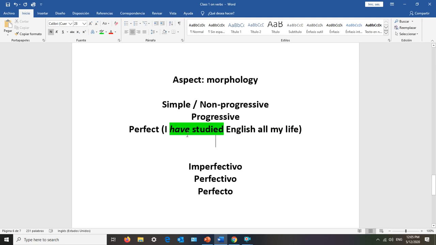So it is morphologically perfect, for it is in the constituency of the tense that I indicate that the representation is of a past situation that has connection with the present by using this auxiliary verb.